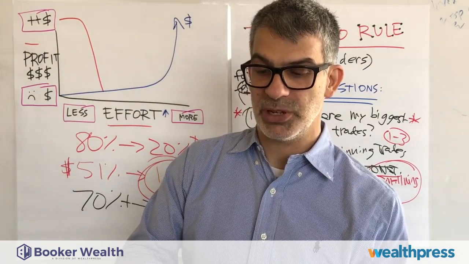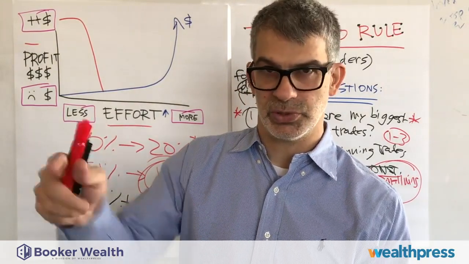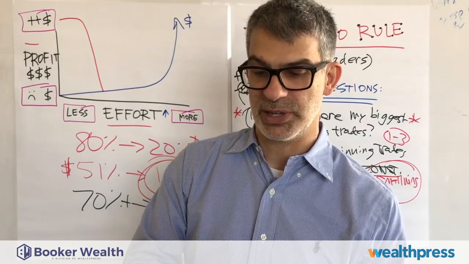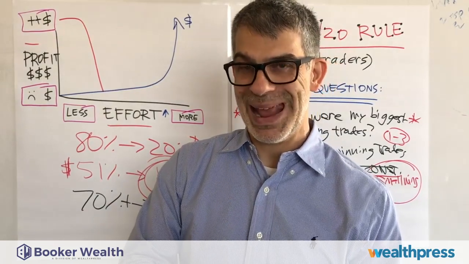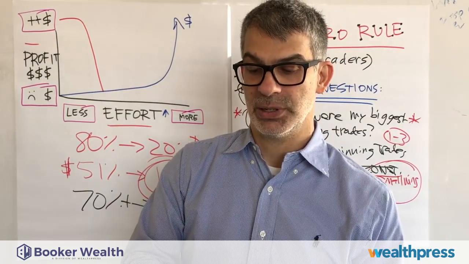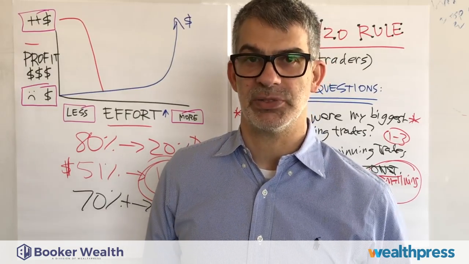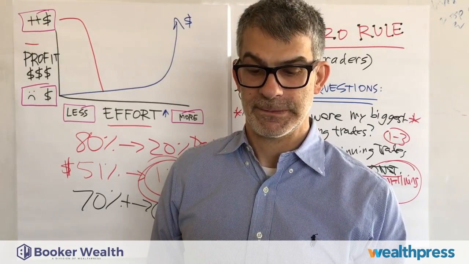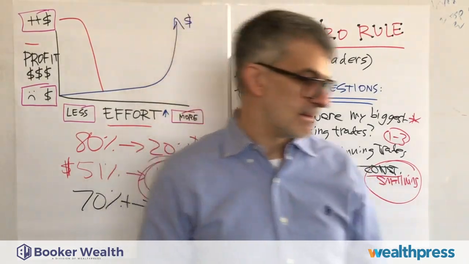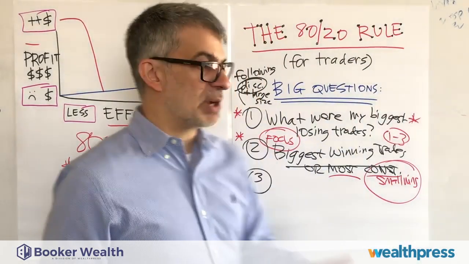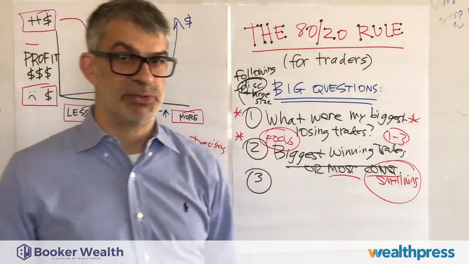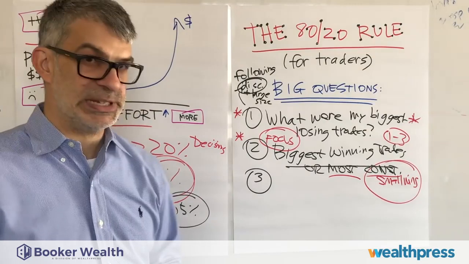Rather than 20% of the SKUs, those product identification numbers, accounting for 80% of warehouse activity, only 0.5% accounted for 70% of the business's sales and profits. In other words, most of us are trading too many systems and too many methods that are unnecessary for our success. Number 3.